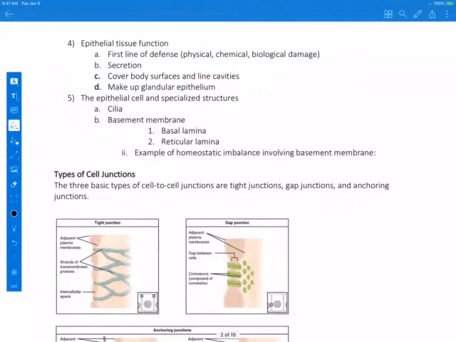The respiratory mesothelium secretes mucus that traps inhaled particles and microorganisms. Another major function of epithelial tissue is that it covers body surfaces and lines body cavities. And then finally, it makes up glands, glandular epithelium.